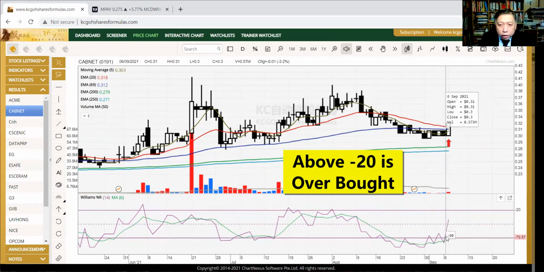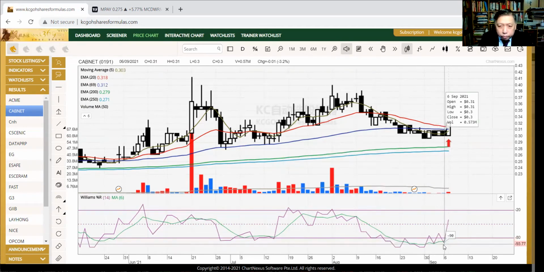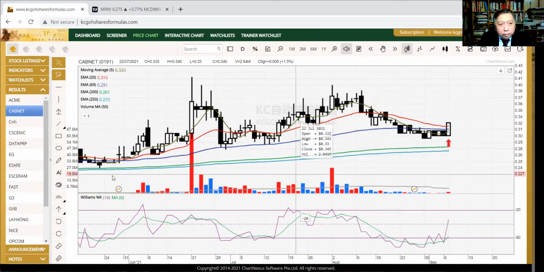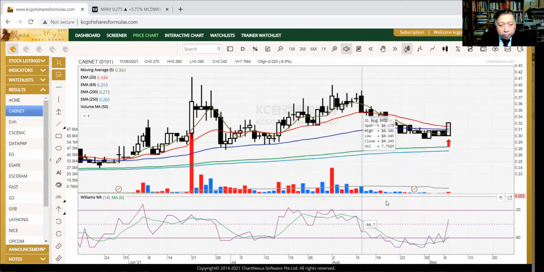So this stock has just come up from the bottom, which is a buy, technically speaking. So this is for Williams Percentage R.